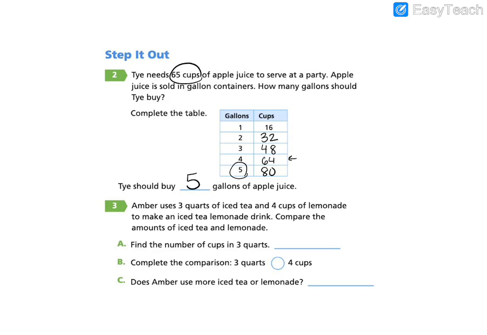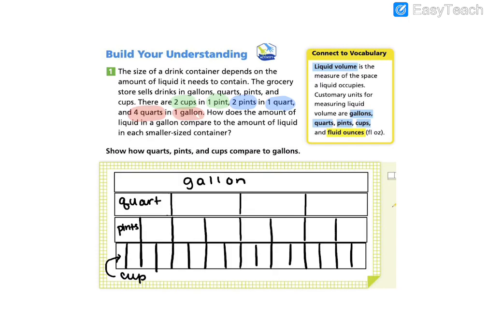For number 3, Amber uses 3 quarts of iced tea and 4 cups of lemonade to make an iced tea lemonade drink. Compare the amounts of iced tea and lemonade. We need to find the number of cups in 3 quarts. If we look back at our chart, we can see that 1 quart is equal to 4 cups.